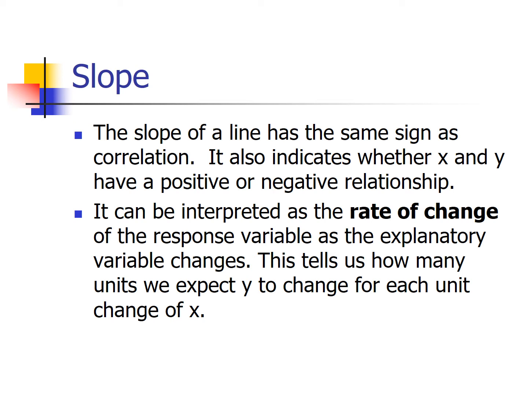Since the correlation measures the direction of the association, well, that's essentially just the slope of the line. We can interpret the slope as the rate of change of the response variable as the explanatory variable changes. It basically tells us how many units we expect y to change for each 1 unit change in x.